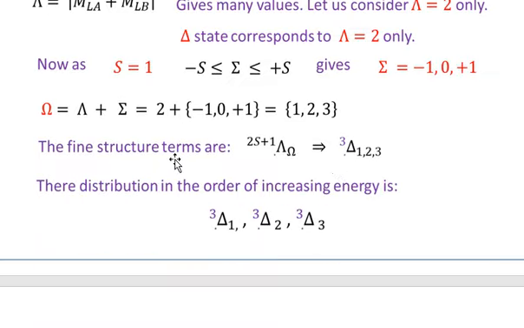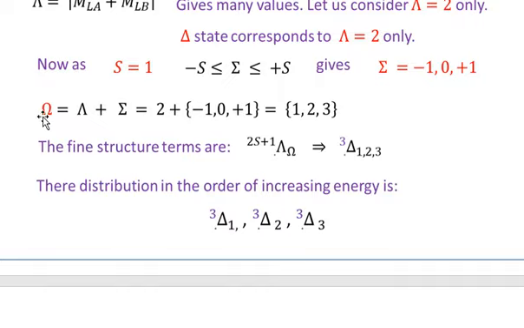Now the fine structure terms will be 2S plus 1, and the state is delta. Since capital lambda corresponds to 2, the molecular state will be delta.